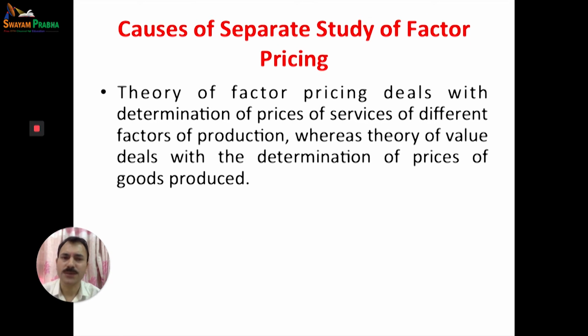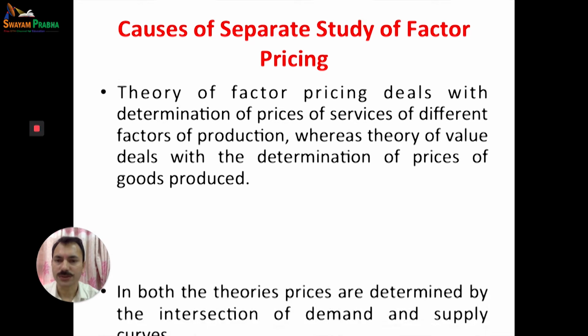Now, the theory of factor pricing deals with the determination of prices of services of different factors of production, whereas the theory of value deals with the determination of the price of goods and services. The theory of value determines the price of goods and services, whereas the theory of factor pricing deals with the determination of the price of factors of production, that is land, labor, capital, and entrepreneurs.